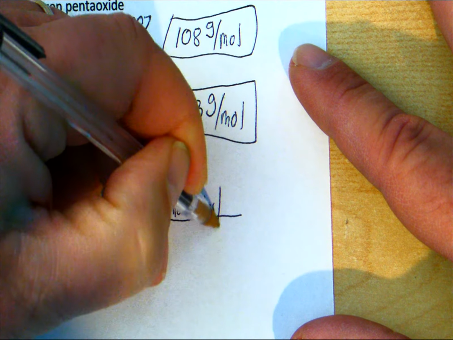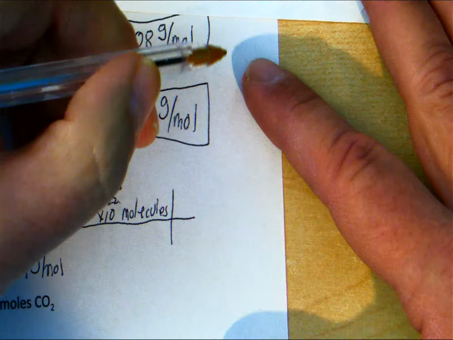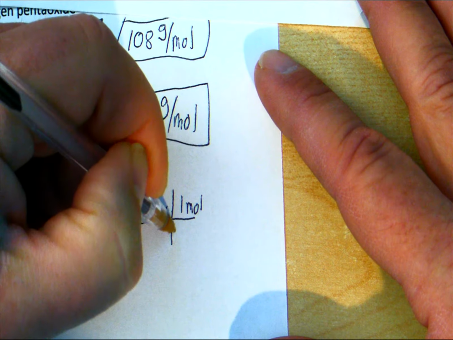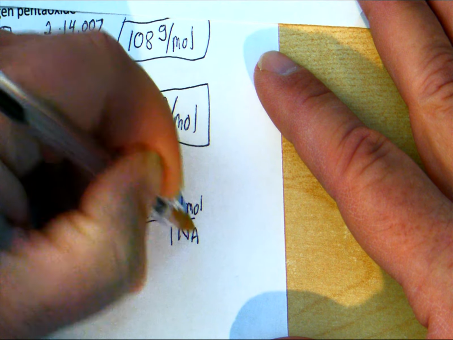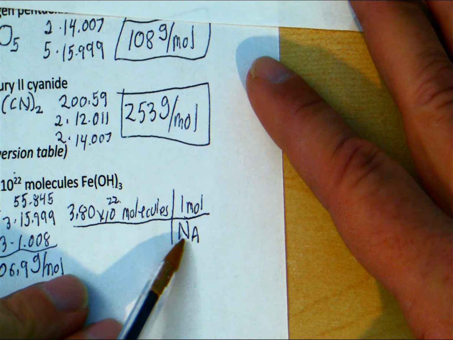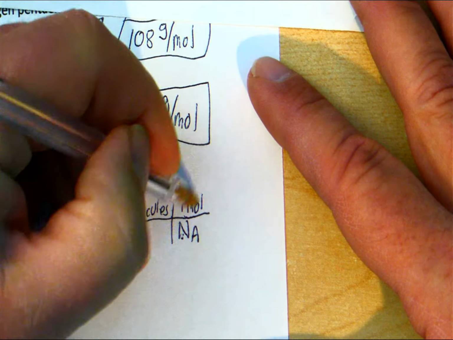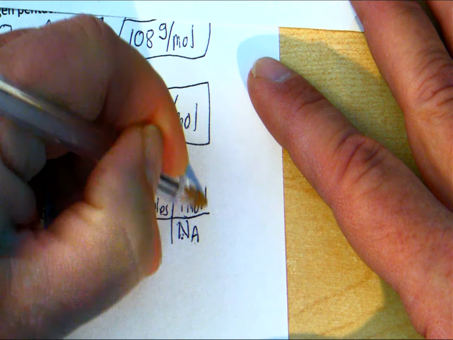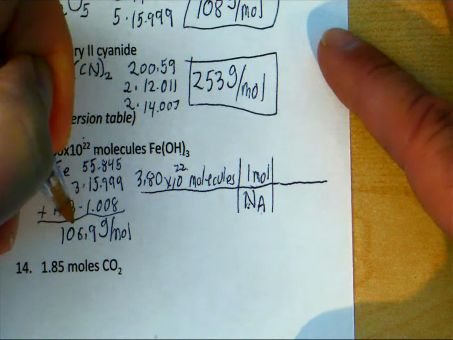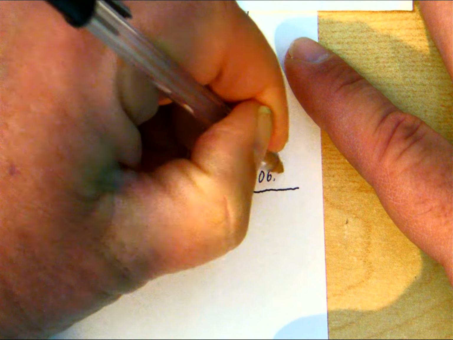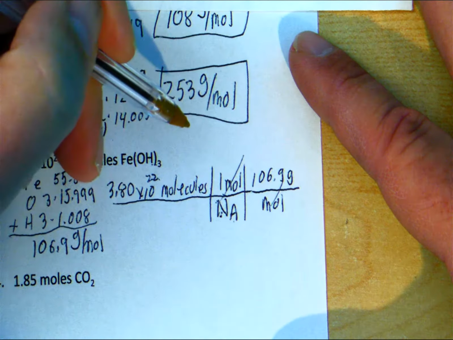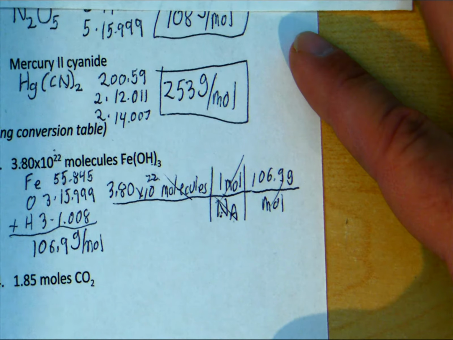I first have to convert that to the number of moles by saying that 1 mole is equal to Avogadro's number, which is 6.022 times 10 to the 23rd power, which we write symbolically as NA. Then I can multiply the number of moles by the molar mass of 106.9 grams per mole. So the moles will cancel, the number of molecules will cancel.